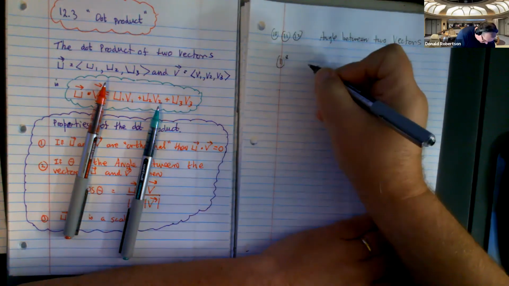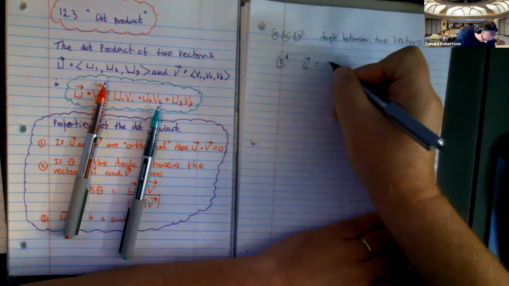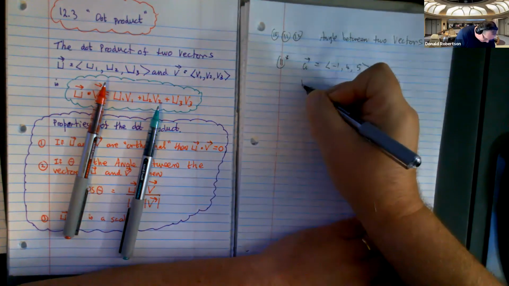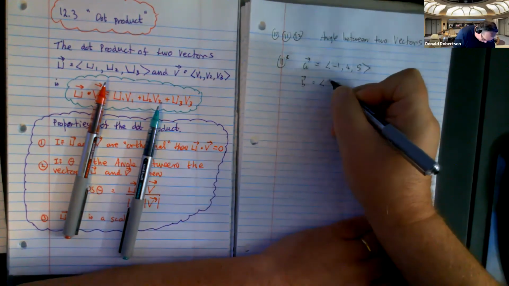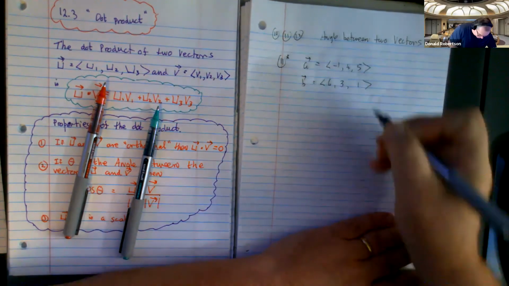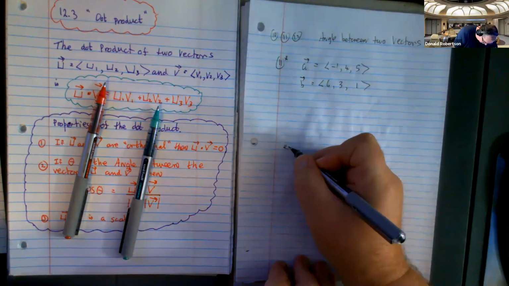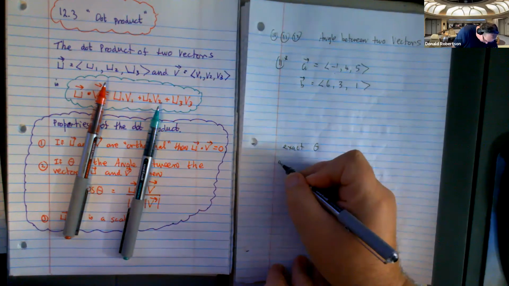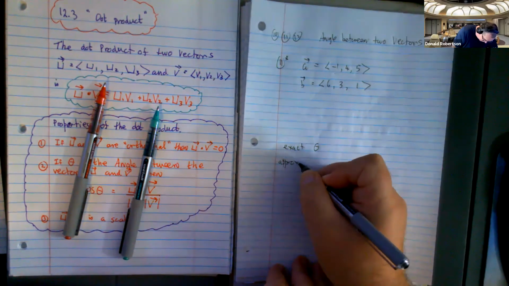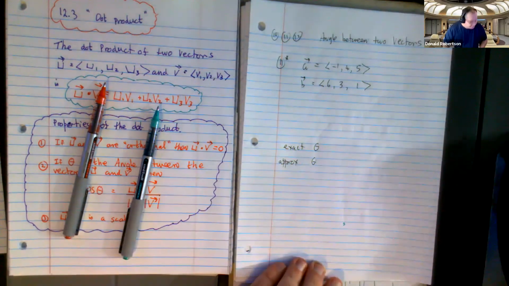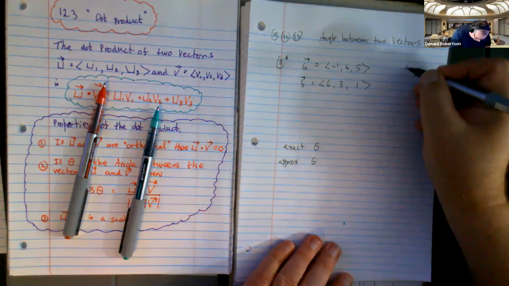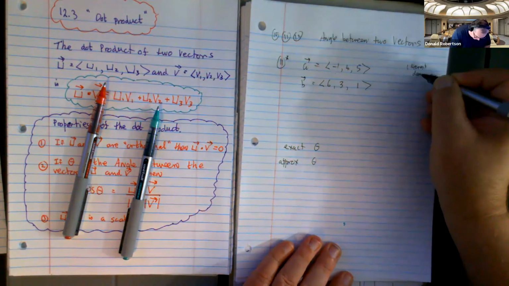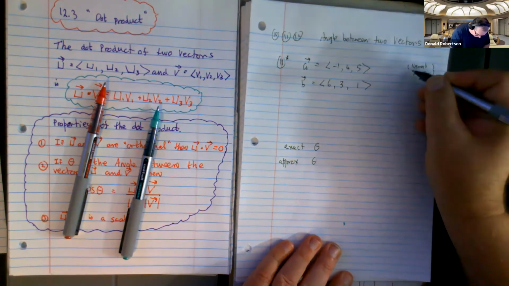So the vector A is going to be -1, 4, 5. And the vector B is going to be 6, 3, and 1. They ask for the exact value of theta, then the approximate value of theta, to the nearest degree.